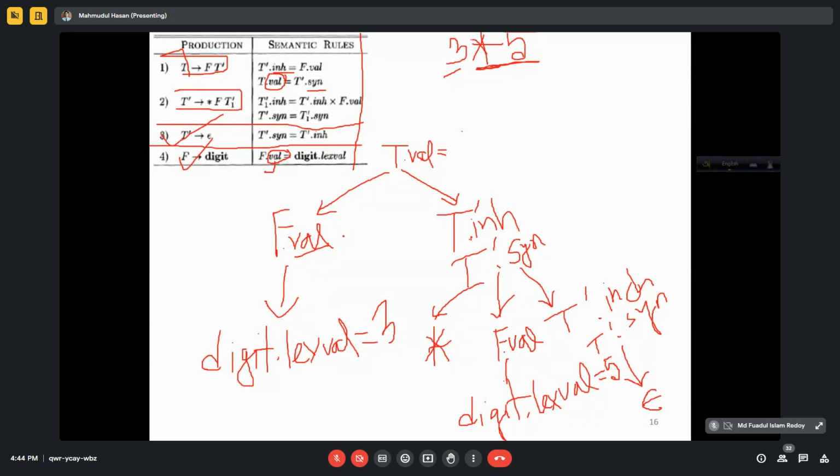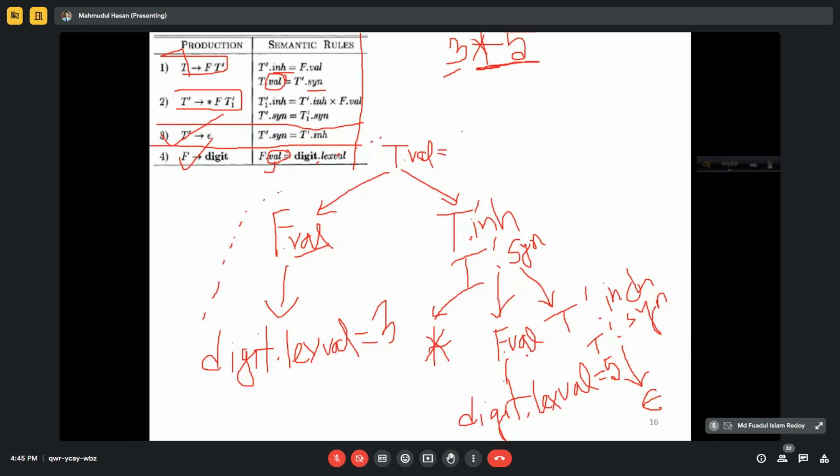Okay, so done. Now start from top, and go top to bottom, left to right. When you start from top to bottom, here you get digit lex value, no problem. Then just go back like DFS. So this one is done. Now you are trying to evaluate the value.